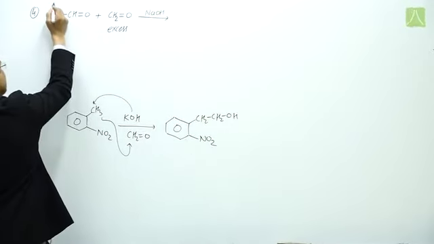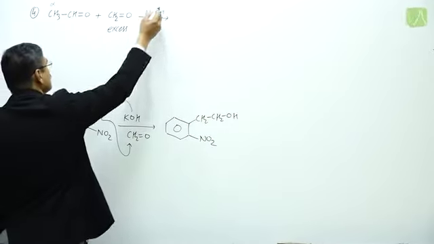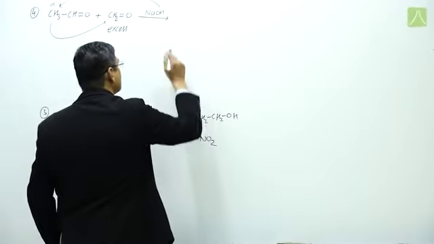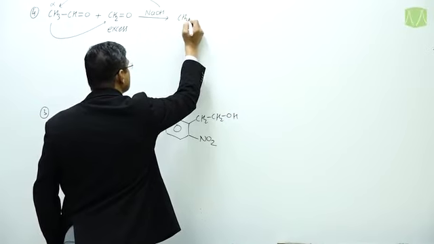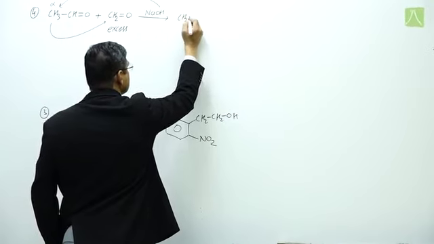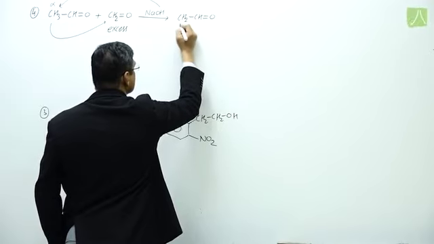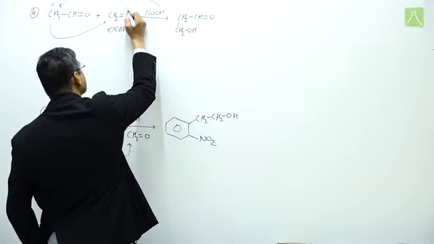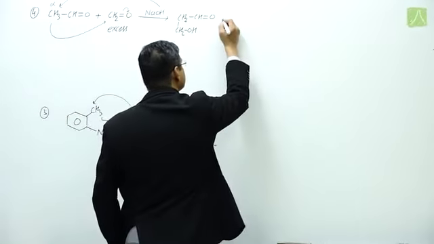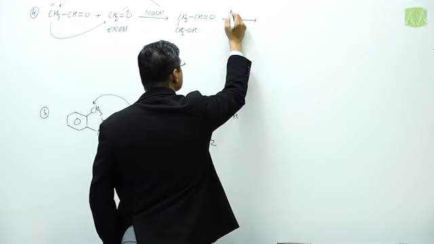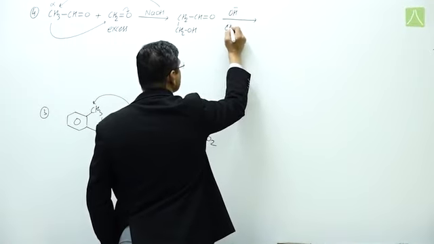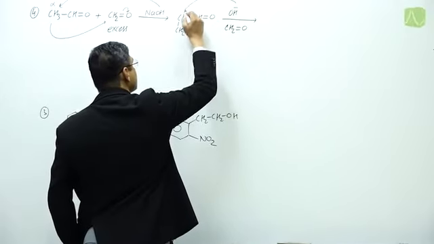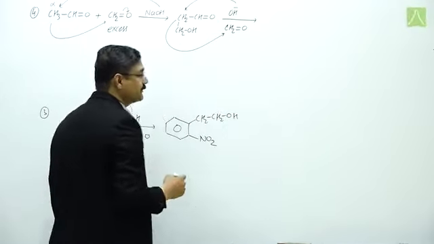So there are 3 alpha H. So first I remove the first alpha H, then nucleophilic addition. So first CH2OH, CHO is obtained by nucleophilic addition of formaldehyde. Now I repeat this with OH minus and CH2O because we have an excess amount of formaldehyde. Then again the second alpha H is removed. Then a second addition takes place.